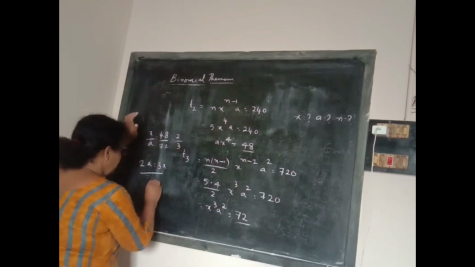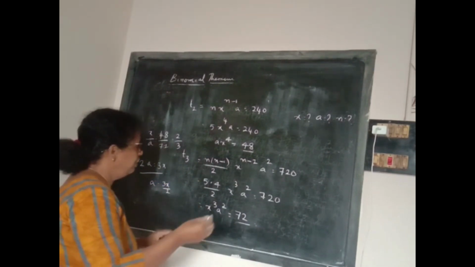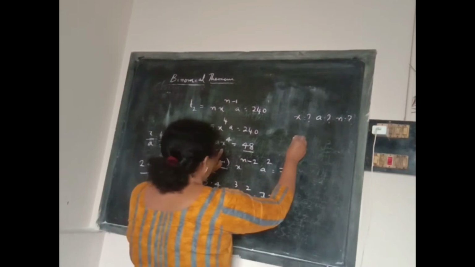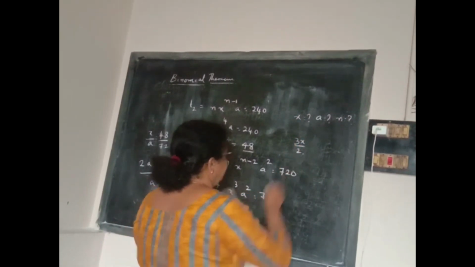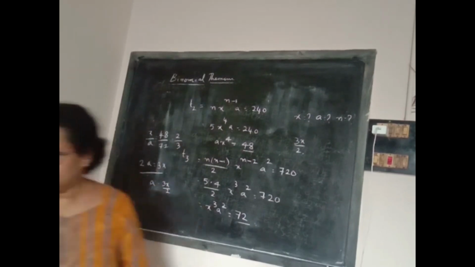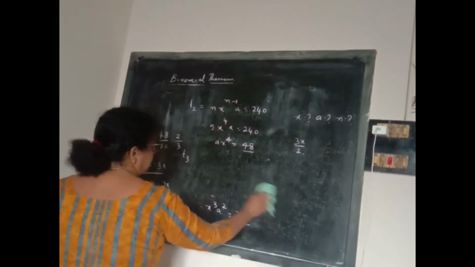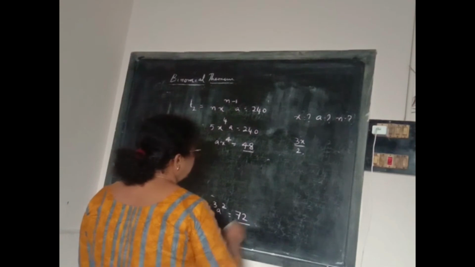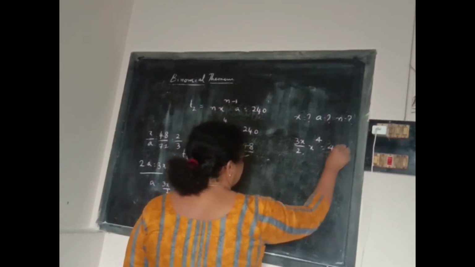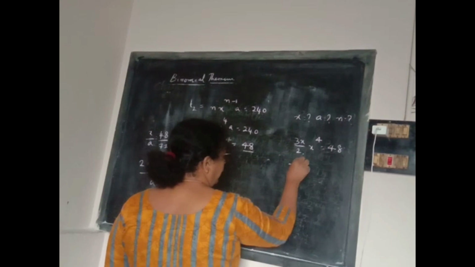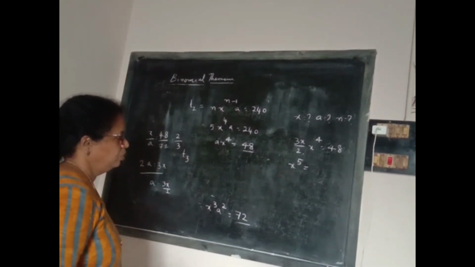As a is equal to 3x by 2, when we substitute, what will we get? 3x by 2 into x raised to 4 equal to 48. So x raised to 5 equal to 48 into 2 by 3.